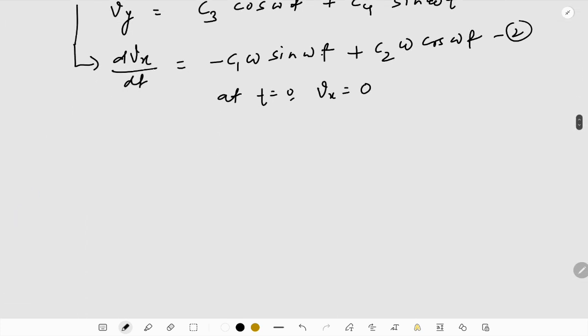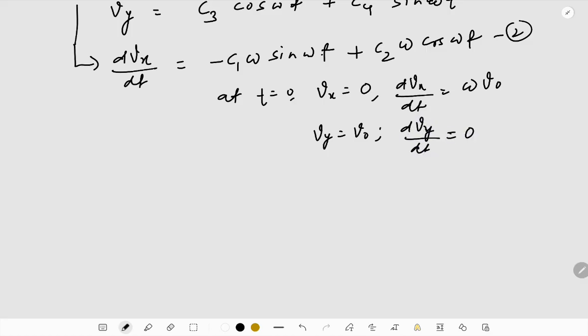So at the initial moment vx is equal to 0, and dvx by dt is equal to omega v naught. And also I know that at t equals 0, vy was equal to v naught, and dvy by dt was 0, because it depends on the x component of velocity, that was 0 at t equals 0.